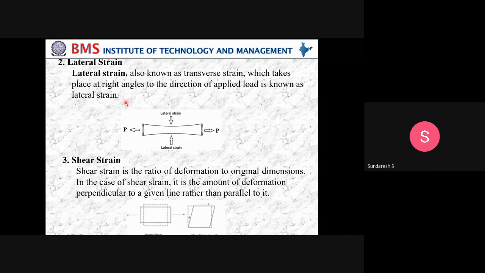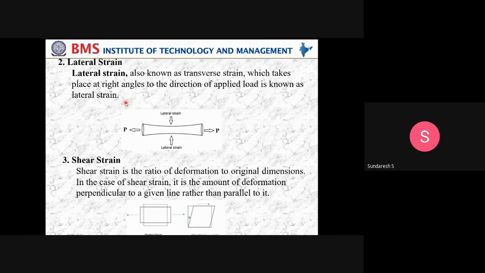Now we have to concentrate on the dimensions which are perpendicular to the length or perpendicular to the axis. Those dimensions, we call lateral dimensions.